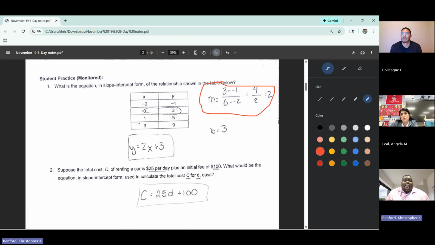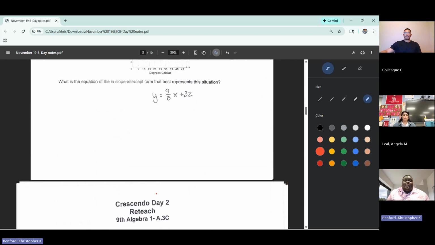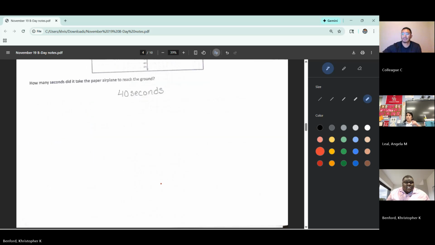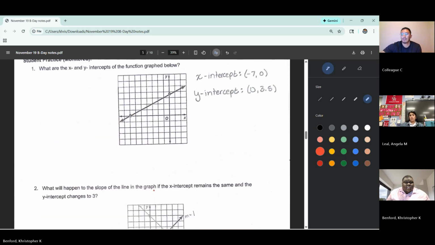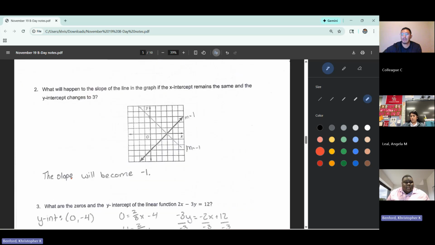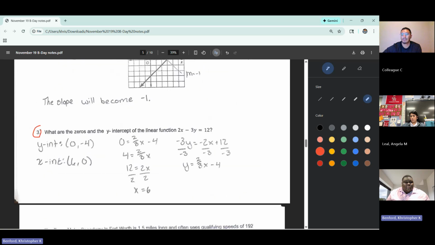Looking through the lesson, it should be pretty lightweight to get through. I think the hardest part of the lesson will be question 1 here, with identifying the X and Y intercepts, and then also the zeros.